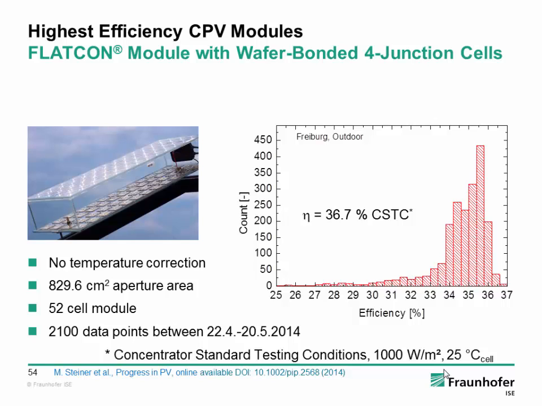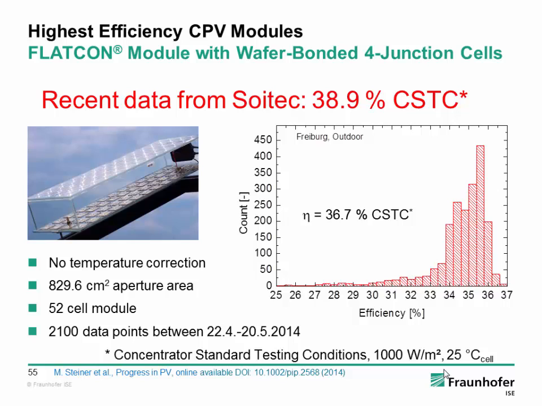So if you do all the translation of these measured data, you end up with an efficiency of 36.7% on module level, which you compare to the standard measurements of a flat plate module, which is in the best case 20%. However, very recently, and this is data which is not yet fully published, I'm happy to have the release from Soitec.